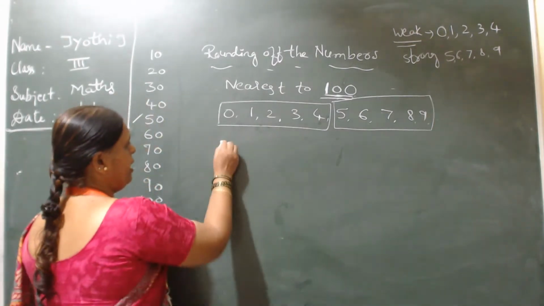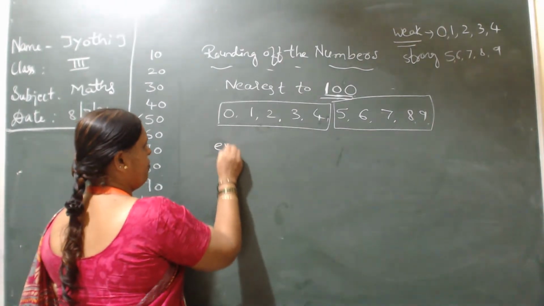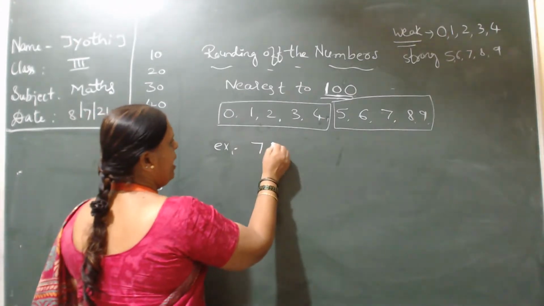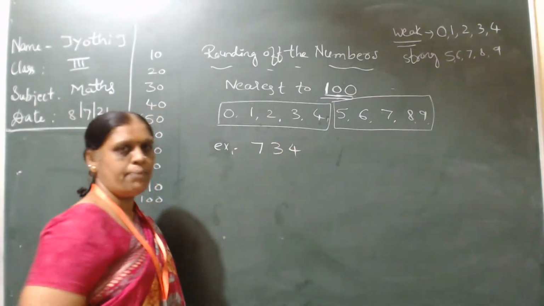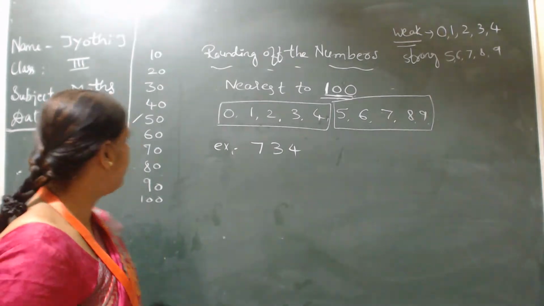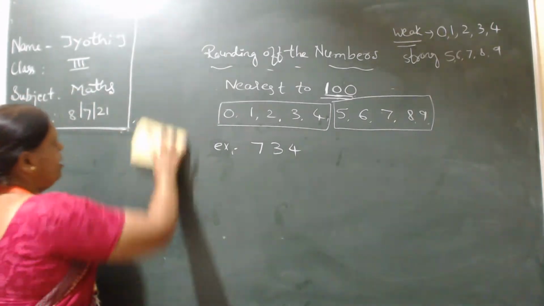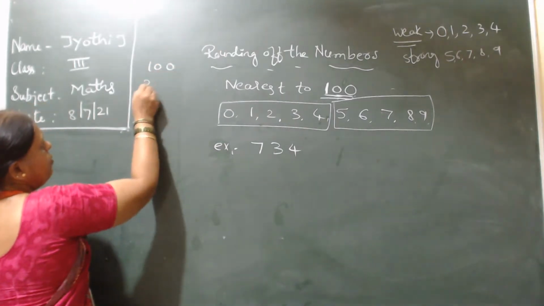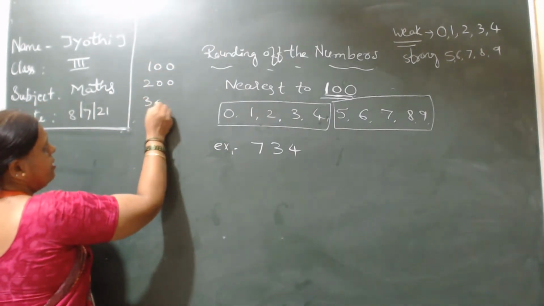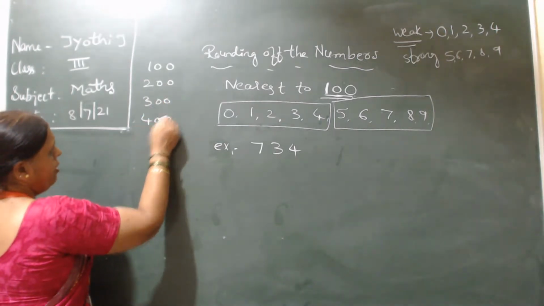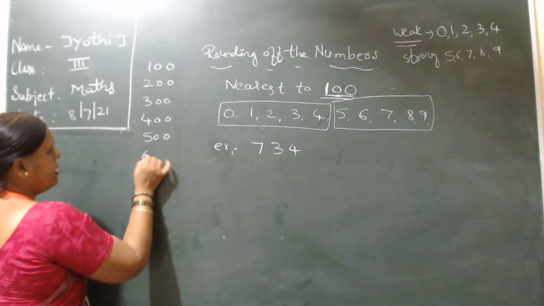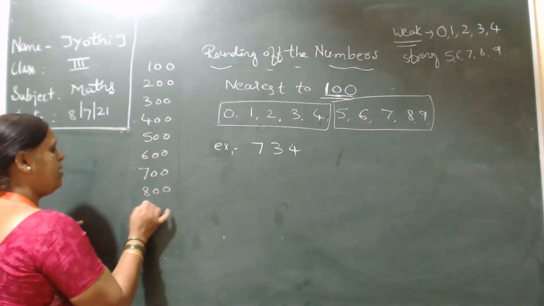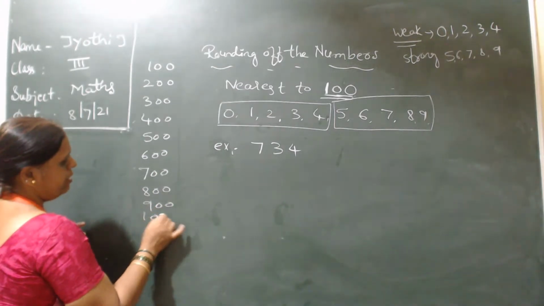Now see the number is 734. According to this, what hundreds numbers may you get? 100, 200, 300, 400, 500, 600, 700, 800, 900 and 1000.